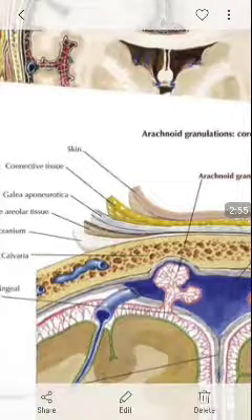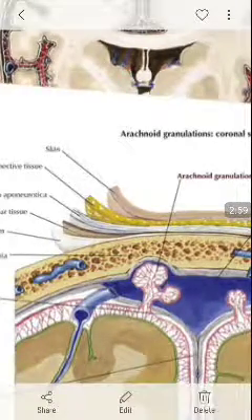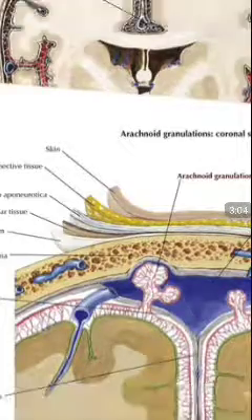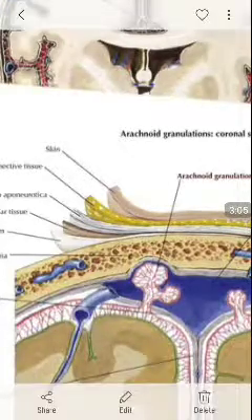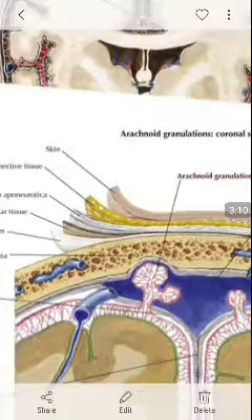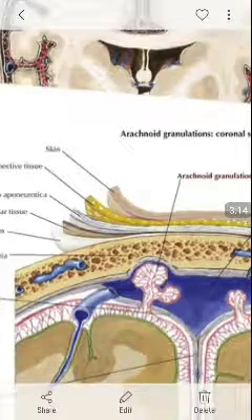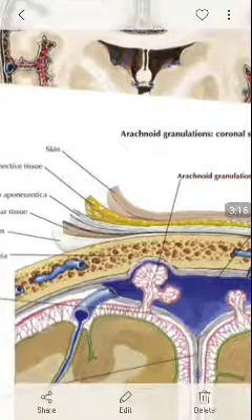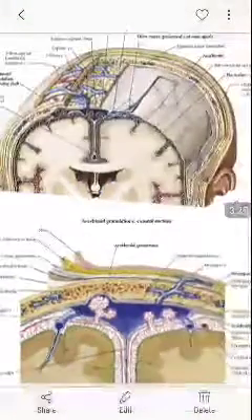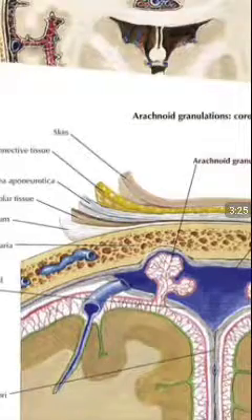the arachnoid mater. During intra-embryonic development, these two layers used to be a single layer called the leptomeninx or leptomeninges. Later during development, they tried to separate from each other, but they could not separate completely, resulting in the formation of strands between these two layers or meninges.